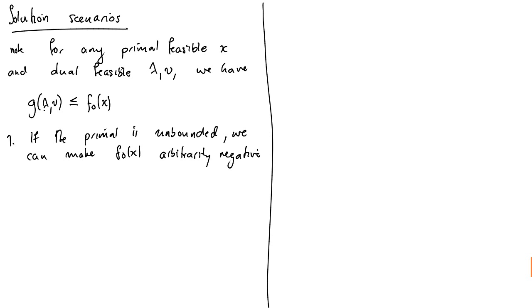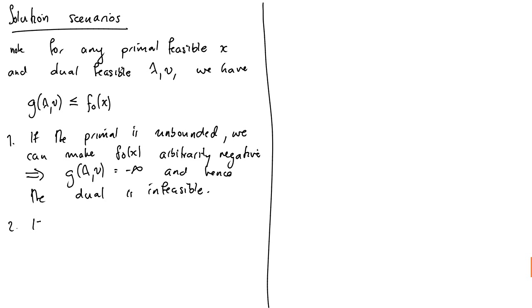And this inequality here forces g of lambda and nu to be negative infinity. So this implies that g of lambda and nu equals negative infinity, and hence the dual is infeasible. Okay, so that's interesting. If we've got an unbounded primal, then we can make our f naught as small as we like, or as negative as we like, and that forces the dual to be infeasible.